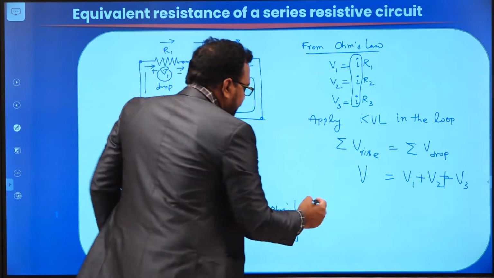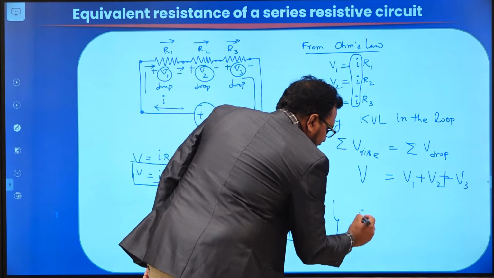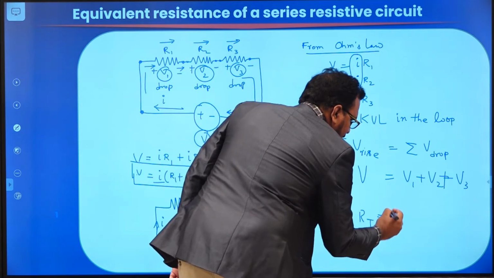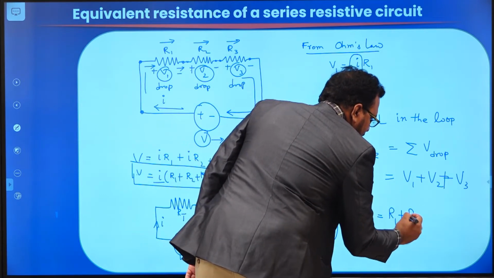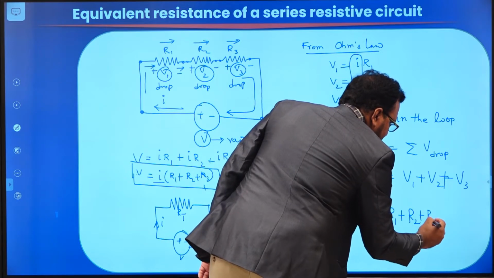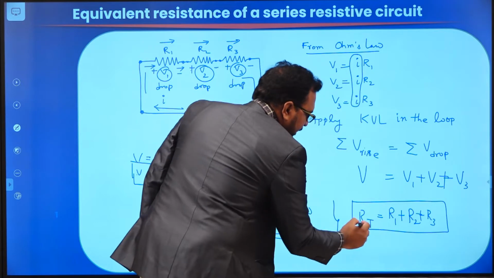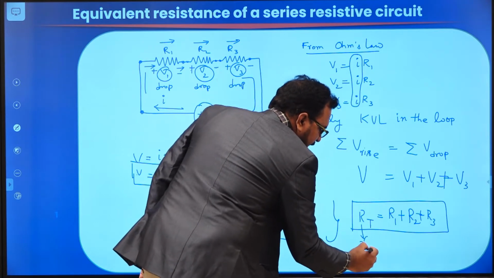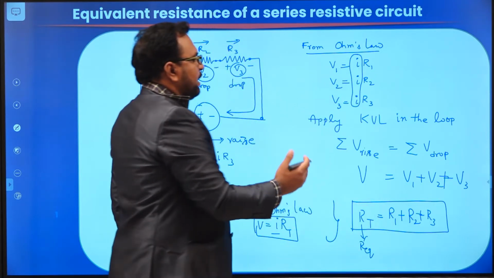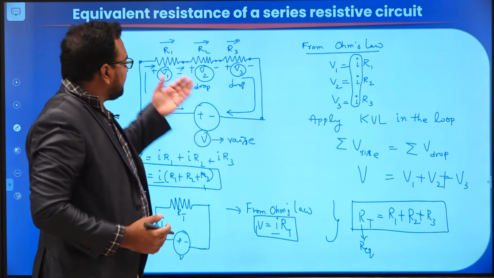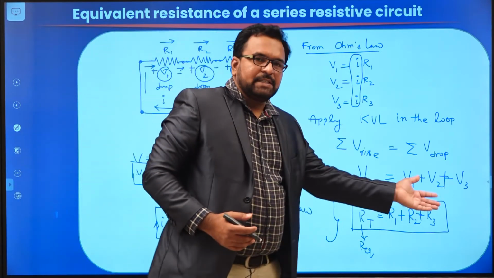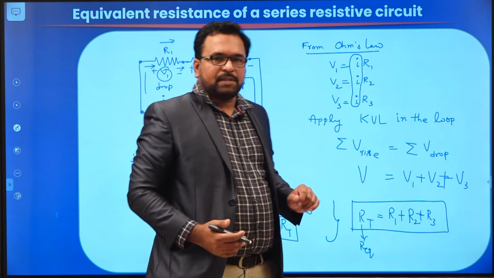So obviously we know that this total resistance RT is R1 plus R2 plus R3. Okay, that means the equivalent resistance. You can also represent RT as R equivalent. So the equivalent resistance when the resistors are connected in series is the summation. Just simply add R1 plus R2 plus R3.